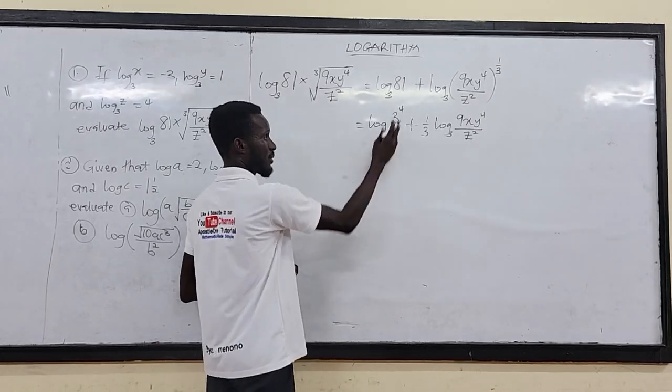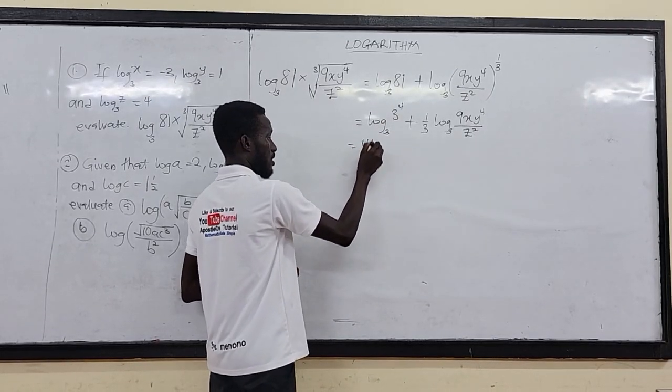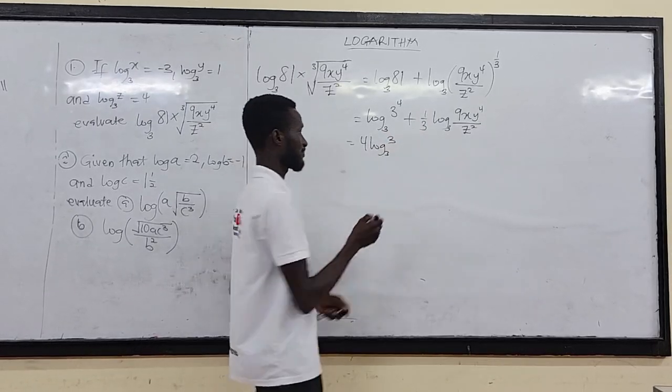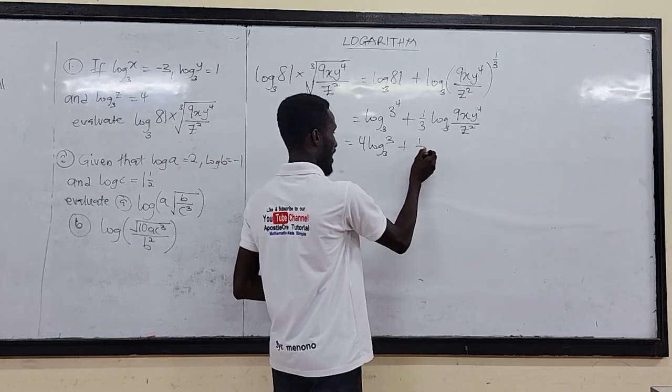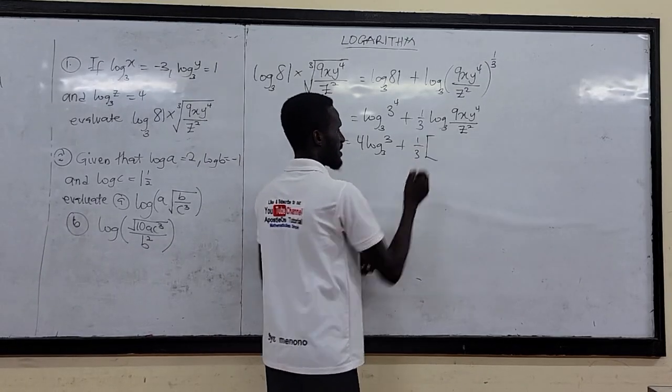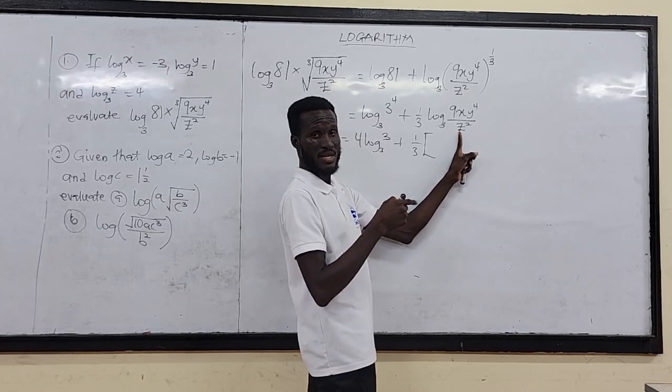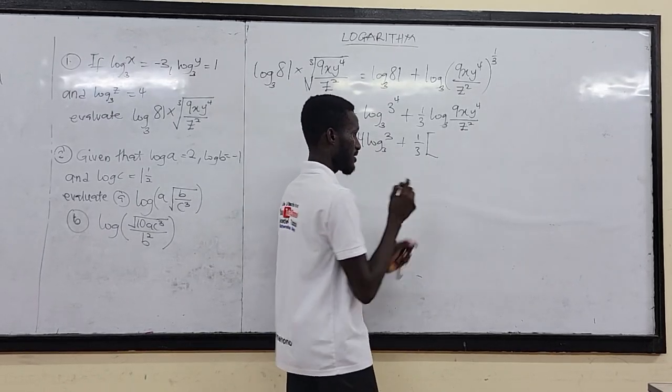So bringing the 4 to the front, we get 4 log 3 base 3. And don't forget log of the same base is 1. Now plus 1 out of 3. At this point, this one is divided by this, and division means subtraction of logarithm, don't forget.